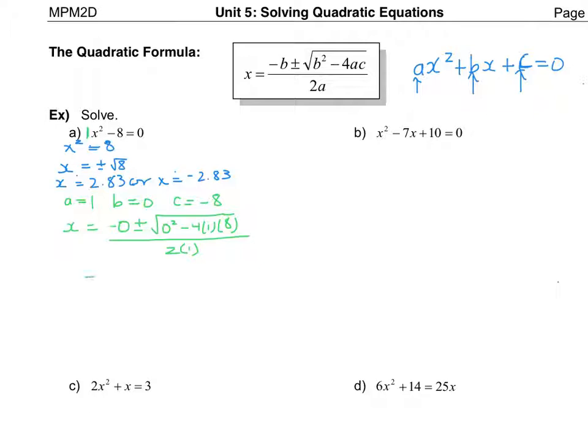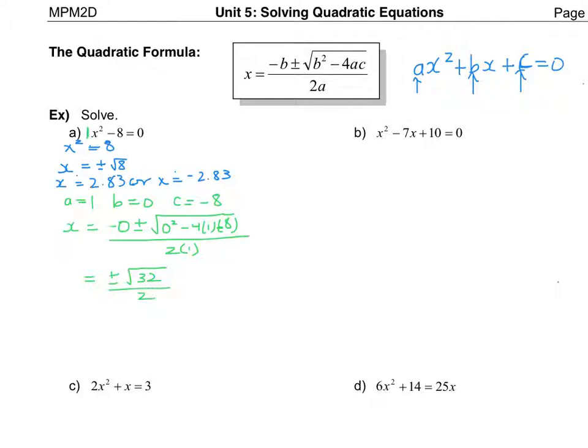Negative 0 is just 0, so I end up with plus or minus the square root of 0 squared, which is 0, minus 4 times 1 times negative 8, which is a plus 32, all divided by 2.